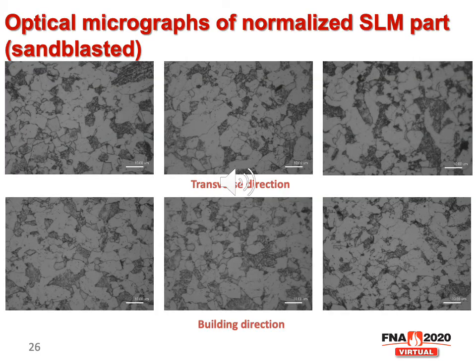As I mentioned before, the AISI 8620 selective laser melted part was stress relieved and sandblasted after deposition. To investigate if the sandblasting on the surface affects the carburizing process, we put both selective laser melted, sandblasted and unsandblasted parts through the normalization and carburization process.